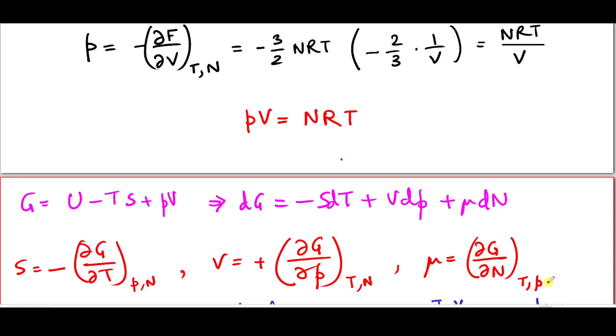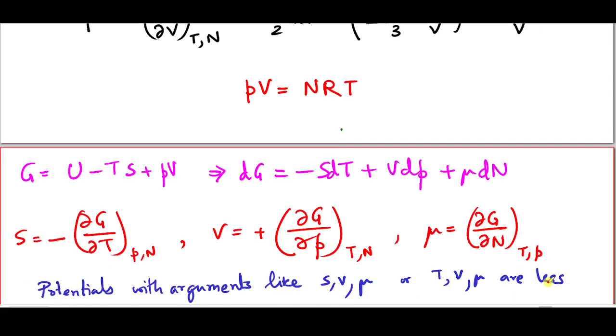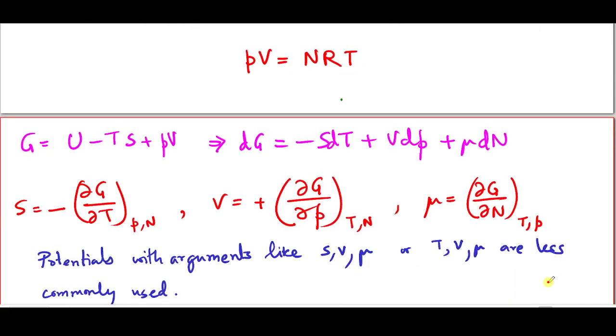Now, so far we have talked about getting rid of either S or V or both and bringing in their corresponding derivatives. Other potentials could also be written down. Potentials with arguments like S, V, mu, where you have traded the N for mu, or T, V, mu, where you have traded both S and N for T and mu respectively.